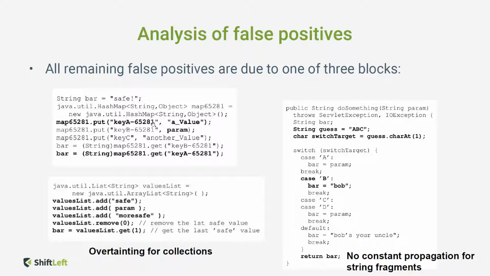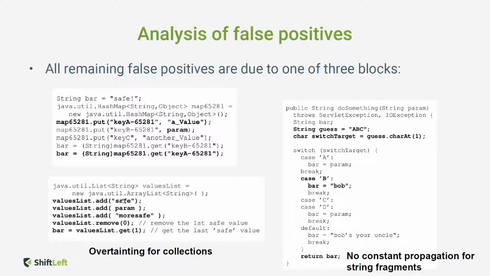So if there is a constant, then it makes a lot of sense to actually look at this constant and be sensitive to this. However, in the general case, this is not a constant. So in that case, it's very hard to get rid of the false positive here. Then there's another case where one would need to model the behavior of lists.